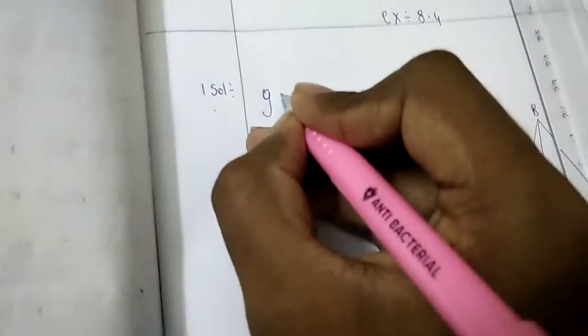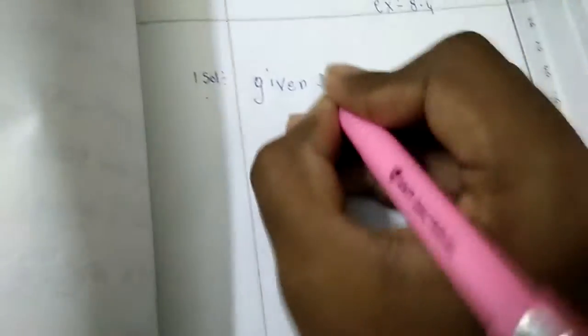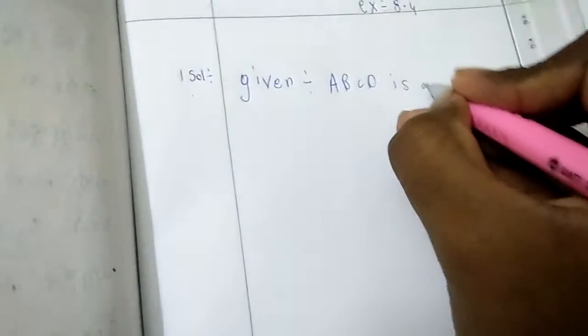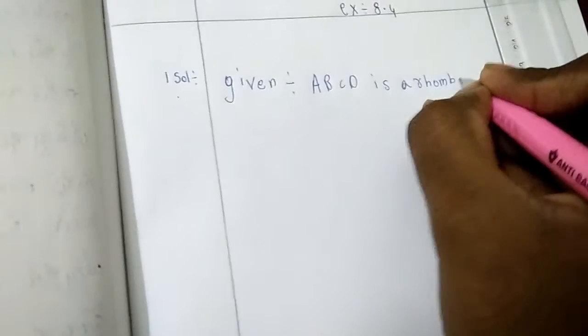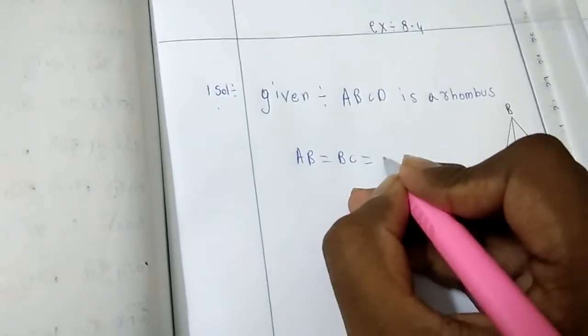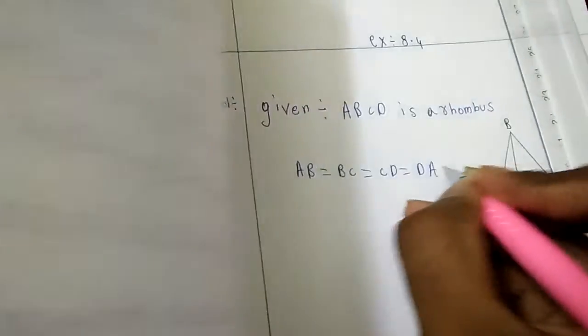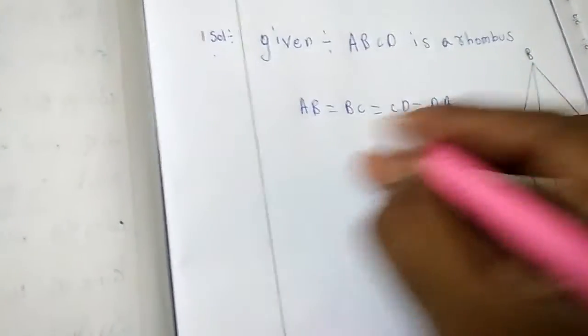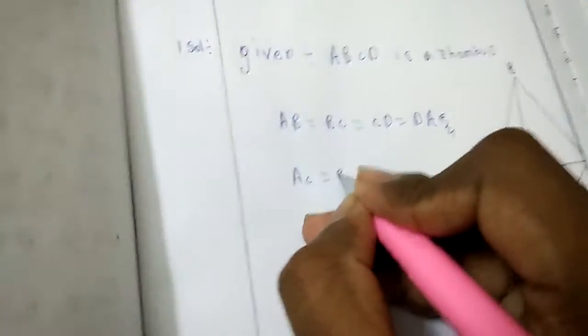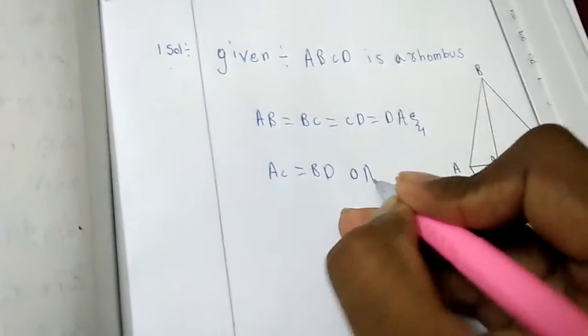So given, ABCD is a rhombus. That implies AB is equal to BC is equal to CD is equal to DA, and AC is perpendicular to BD, and OA is equal to OC.